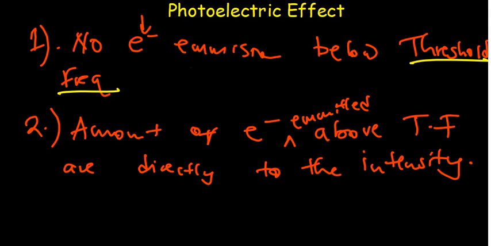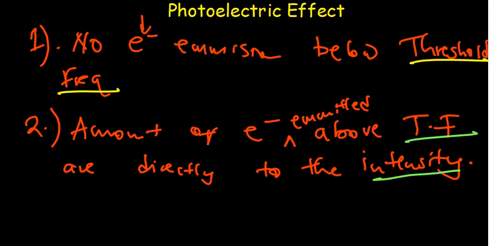What this tells us is that if the light you are using is already above the threshold frequency, as you increase its intensity, more electrons will be produced. Increasing the intensity when a light has already met the threshold frequency increases the amount of electrons being emitted, and vice versa. If you reduce the intensity, despite the light being above the threshold frequency, the number of electrons being emitted will also be reduced.